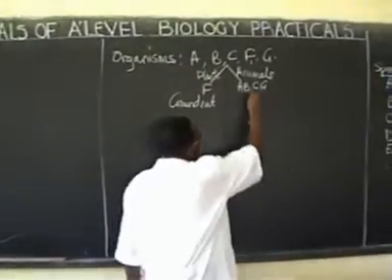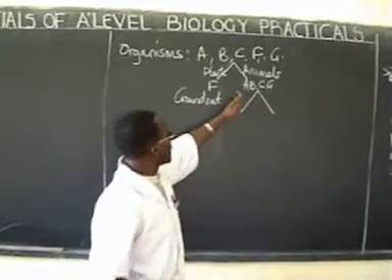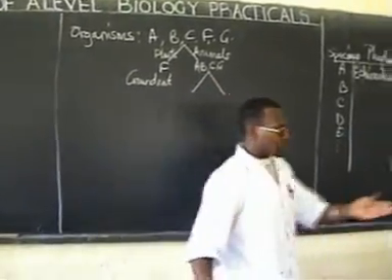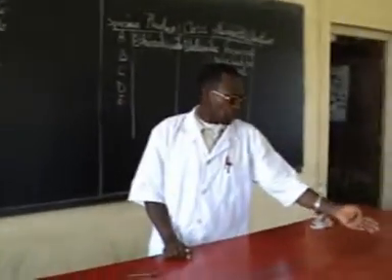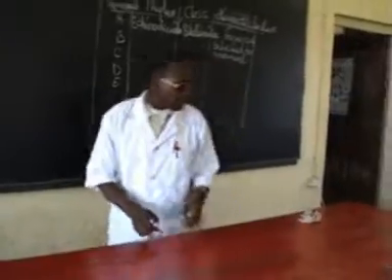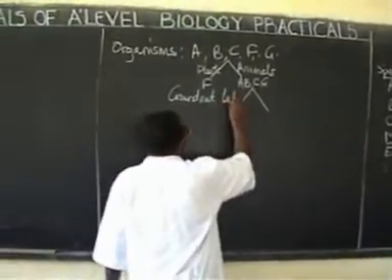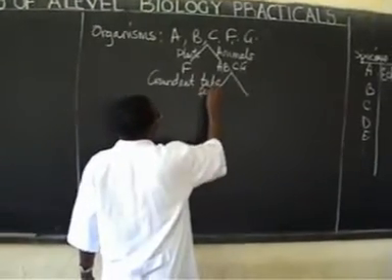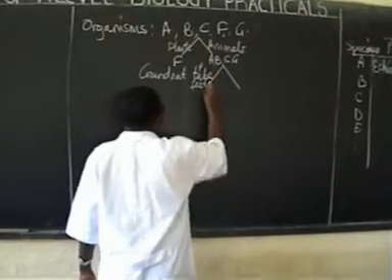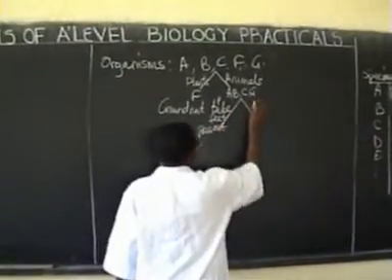Then we come now to continue to divide these ones which are still remaining. So from this A, B, C, and G, we can come up with a feature which we can separate them. Let's say we say presence of tube feet, that's present, tube feet present, and then there is absent.